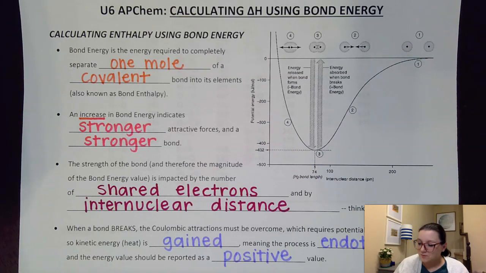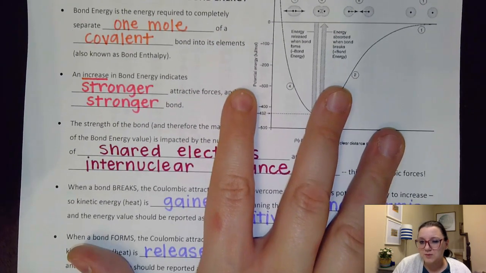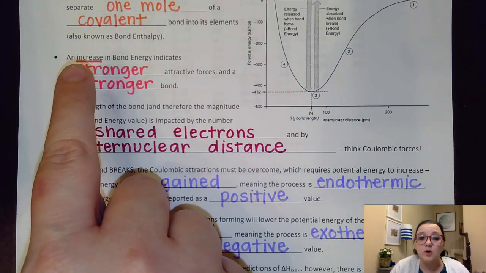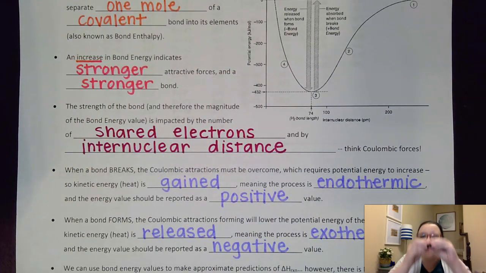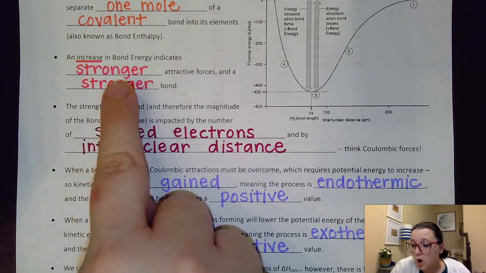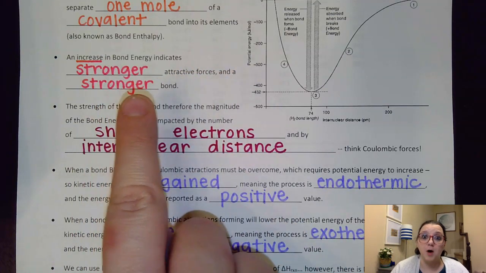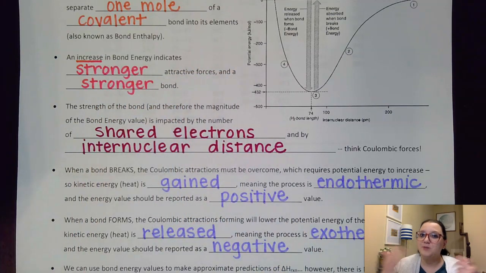So, to recap some other things we talked about with bond energy. An increase in bond energy, meaning the more energy it takes to separate this, is indicative of stronger attractive forces, and therefore we had a stronger bond to begin with. And this is going to tie back to our infamous Coulombic forces, our Coulomb's law.